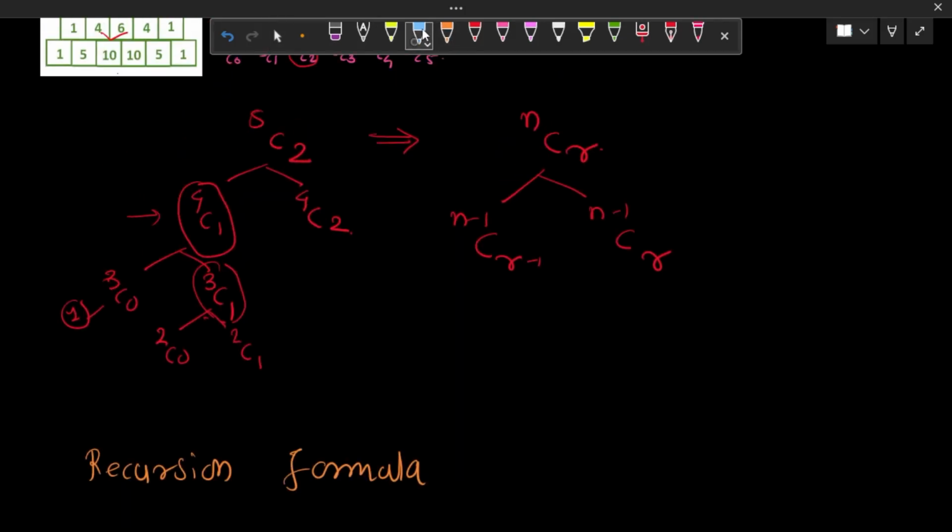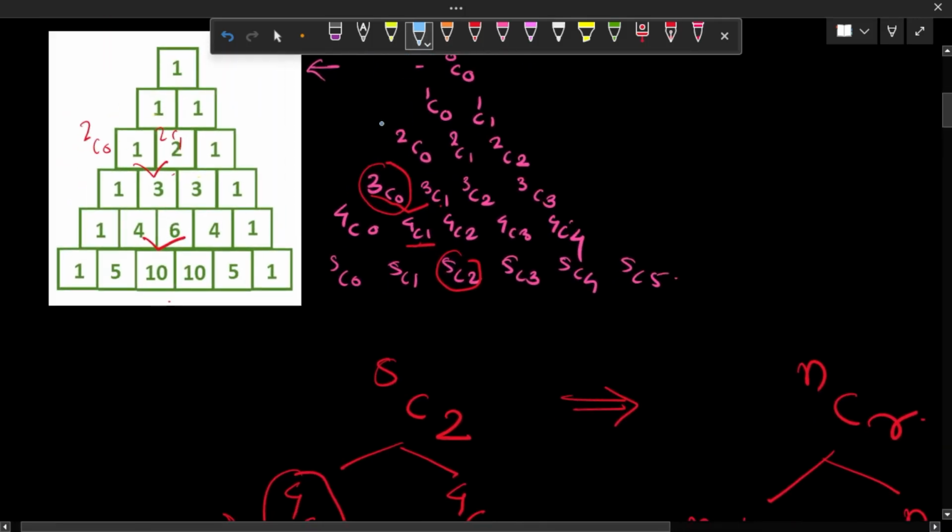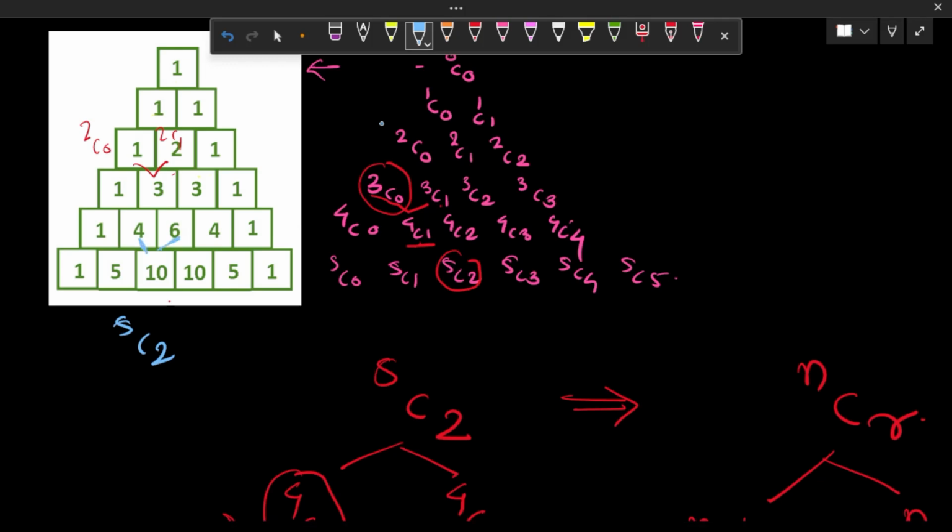Why am I saying this? Because if you look at the Pascal triangle clearly, 5C2 is the addition of 4C1 and 4C2.